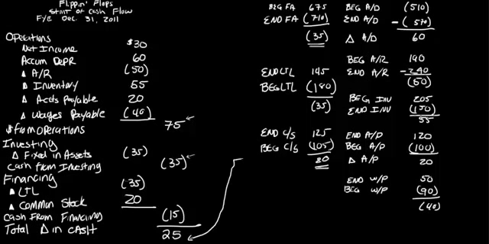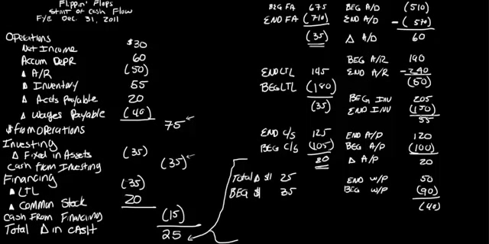If I had more room, it would be easy to see. So if our total change in cash was 25, we would then put our beginning cash number. And if we look at our balance sheet, our beginning cash number was 35.